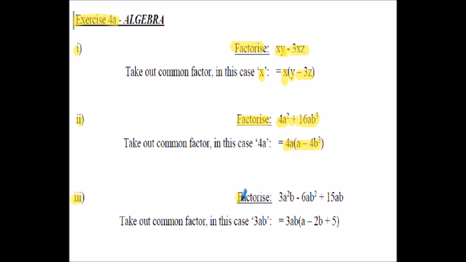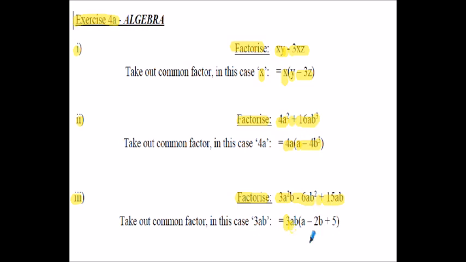Part 3, we're asked to factorise 3a squared b take away 6ab squared plus 15ab. So again, look at the numerical values. You've got a 3 in the first term, the minus 6 in the second, and the plus 15. They're all divisible by 3. So 3 is the highest common numerical value. Looking at the a, we've got an a squared in the first term, an a in the second, an a in the third.